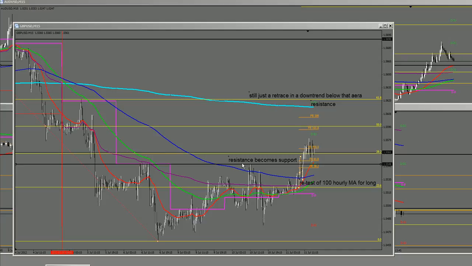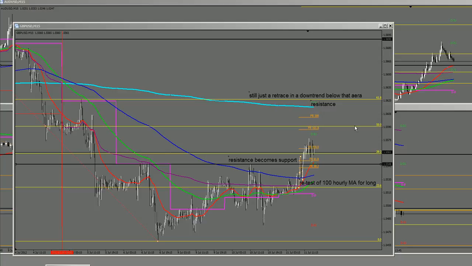So that breakout level now is the obvious new support, and we have the 20-day VWAP above us here, so that is the next major resistance level. So for me, any move in that area until that level is just a retrace of that down move here.